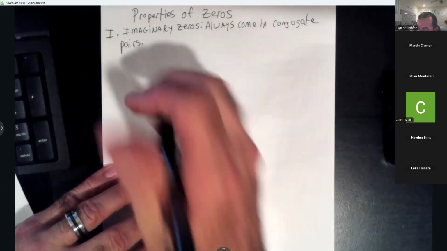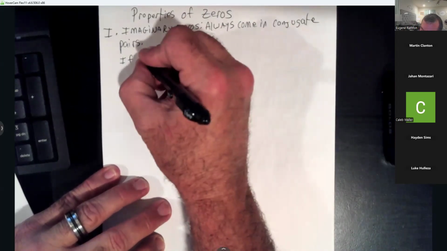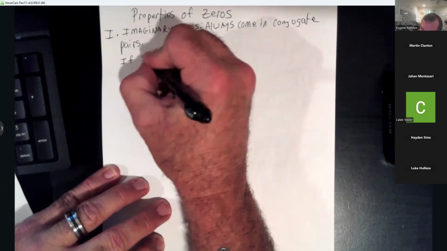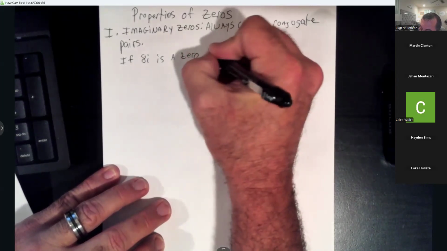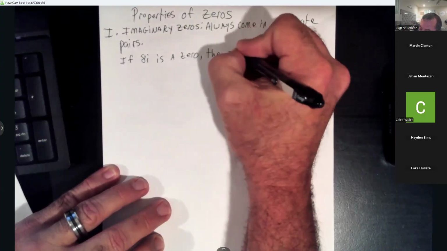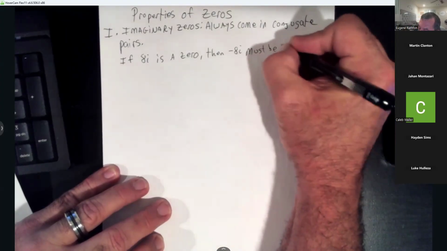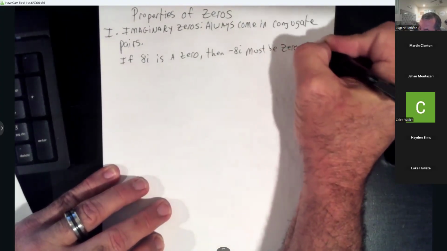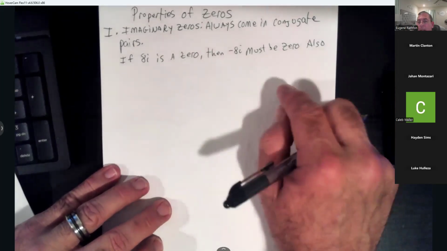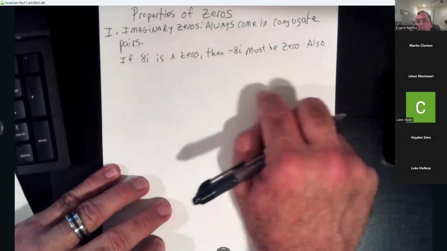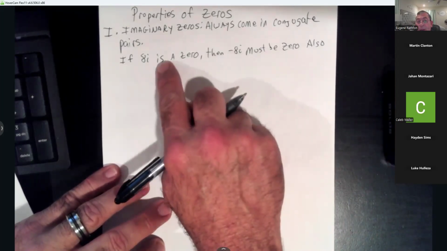So what that means is if 8i is a zero, then negative 8i must be a zero also. Okay, so they got to come in conjugate pairs. That's because to get these type of answers, you did square roots of negative numbers to produce imaginary.